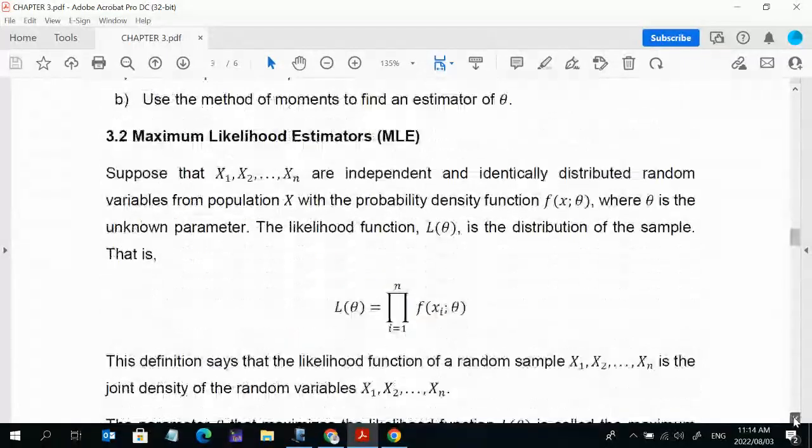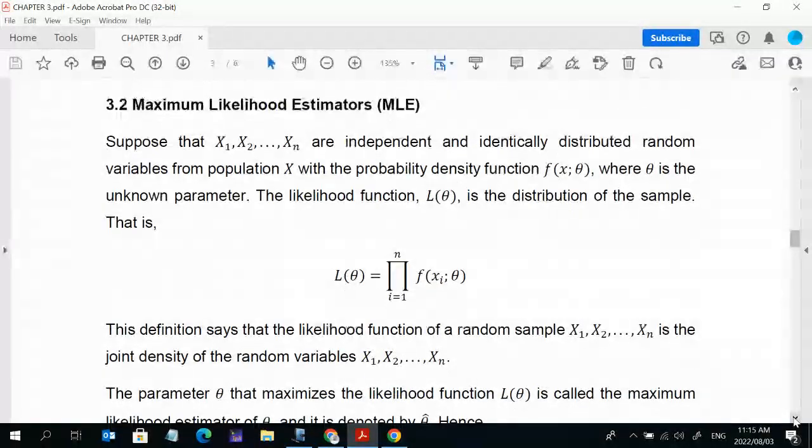So today we are here, which is another method of finding the estimator. This is called the method of maximum likelihood estimators. This method says that we have n independent and identically distributed random variables from the population X, and this population X is distributed with this density function.